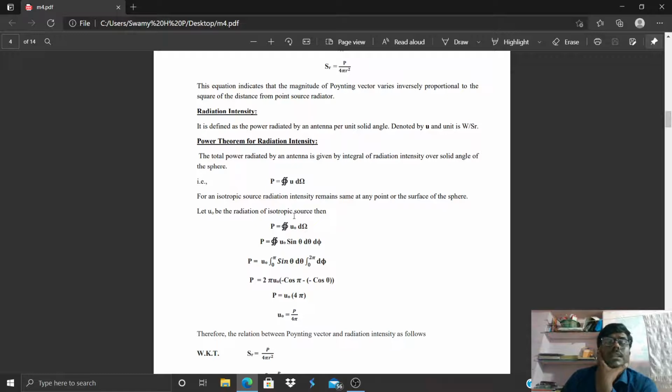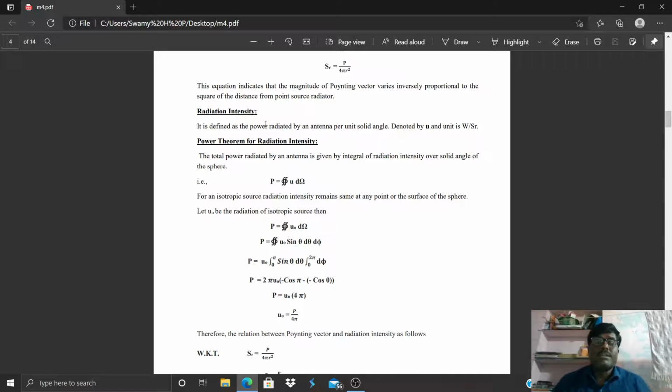So let U naught be the radiation intensity of the isotropic point source. Then you put this U naught in the above equation. Therefore, P is equal to the closed surface integral of U naught d omega.